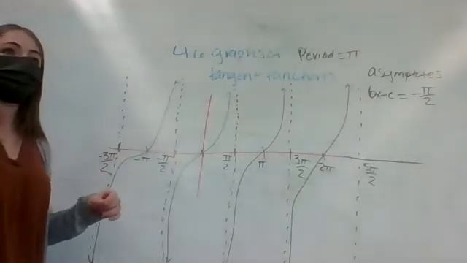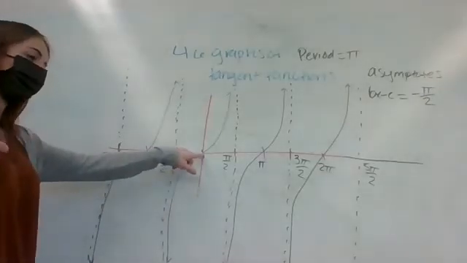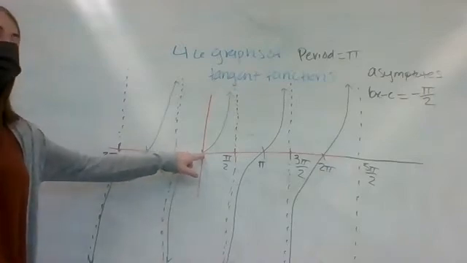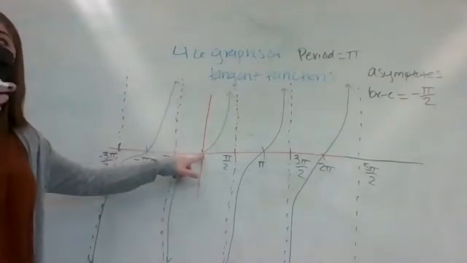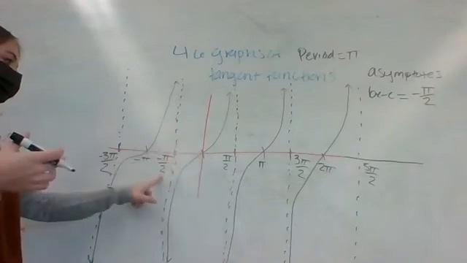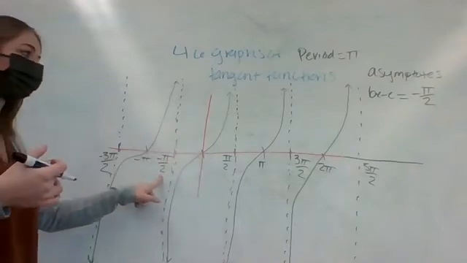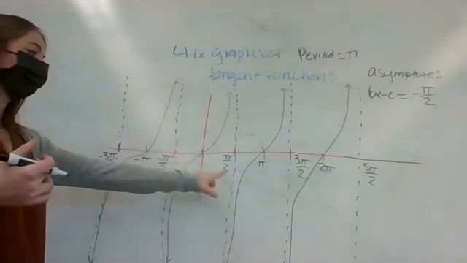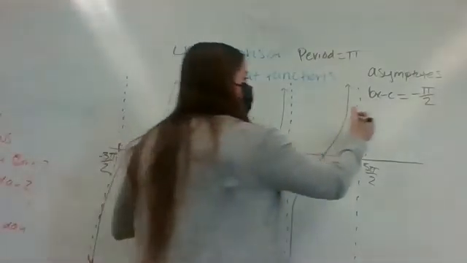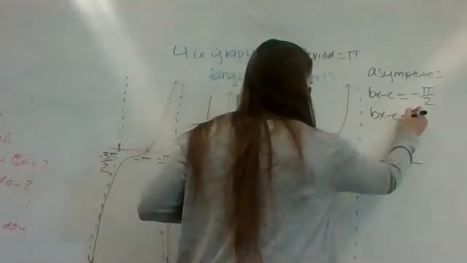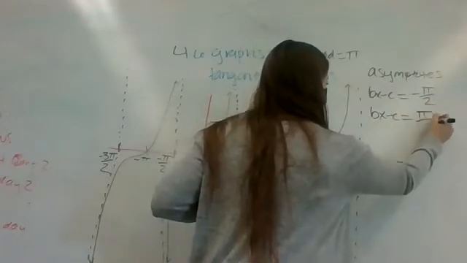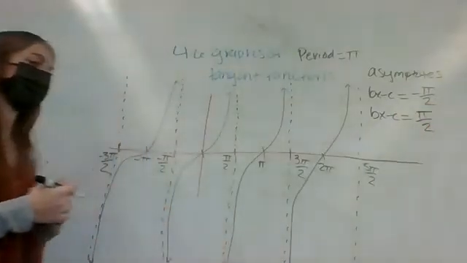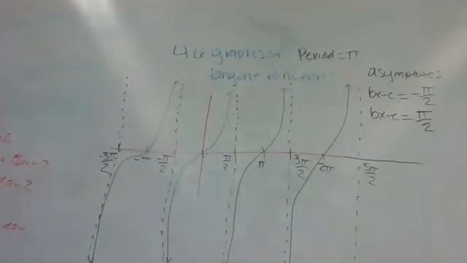The left endpoint was always set equal to 0 because a sine or cosine function started at 0. Now we're talking about our beginning two asymptotes. The first asymptote is negative pi over 2. The second one is positive pi over 2. So to find your second asymptote, you set it equal to positive pi over 2. Okay, so another small difference there.